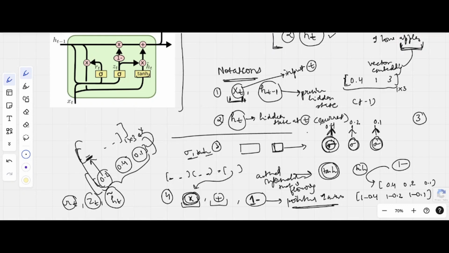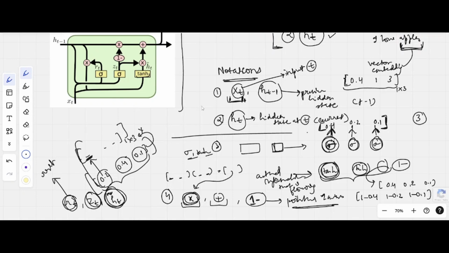And if I just keep this in vector form, then this becomes your rt, your zt, and this ht tilde is the output of this neural network where you have tan h as activation function. Okay, and as far as their names are concerned, this rt is called the reset.